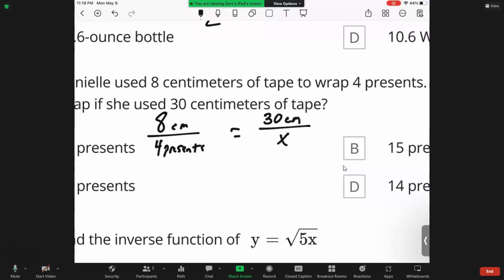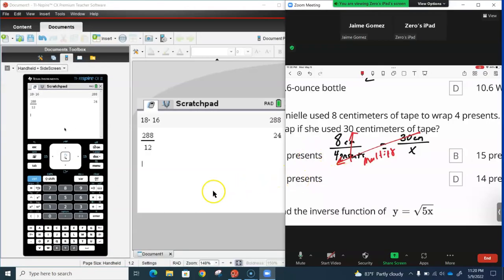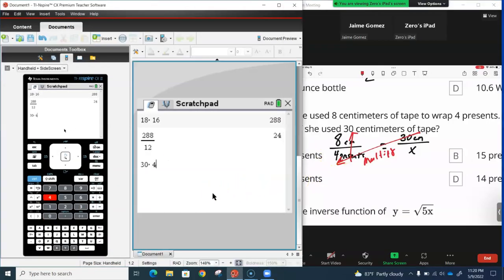How many presents? That's x. Cross multiply and divide. Multiply those two, and then divide by the 8. So 30 times 4 divided by 8. 30 times 4, and then divide that by 8. 15.